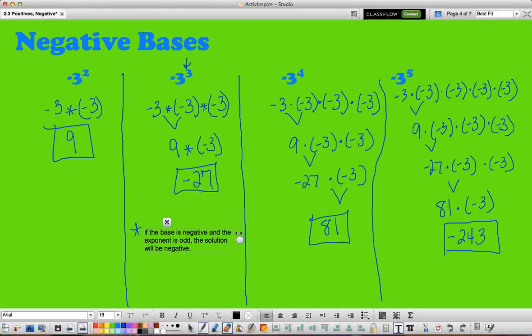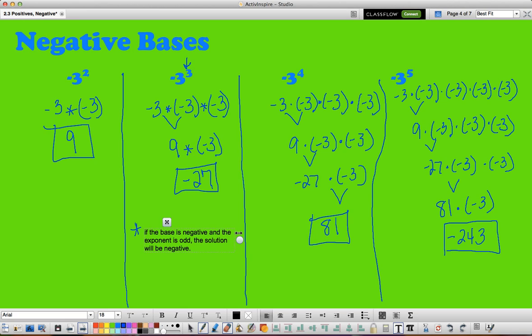So what you're looking at here is you need a negative and a positive to make a negative number. So when you have two negatives, those are going to cancel each other out and make a positive. But then if you throw in that third, fifth, seventh, if you throw in that extra negative, it's going to make your answer negative.